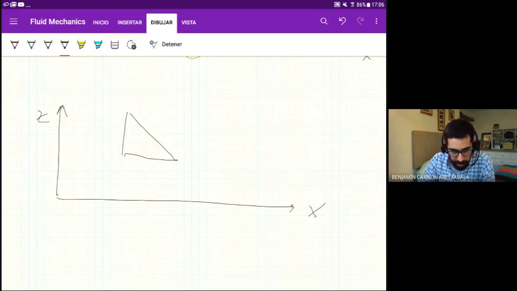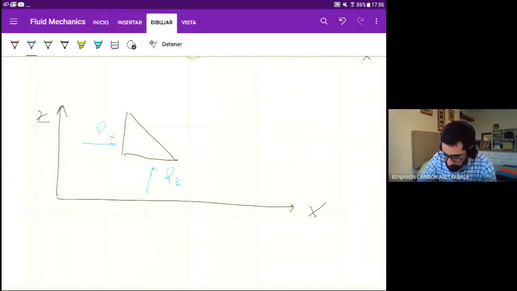We're going to have one pressure here. We're going to call it px. Now, let me draw this with another color. We're going to have px acting in this direction. We're going to have pz, or zeta.